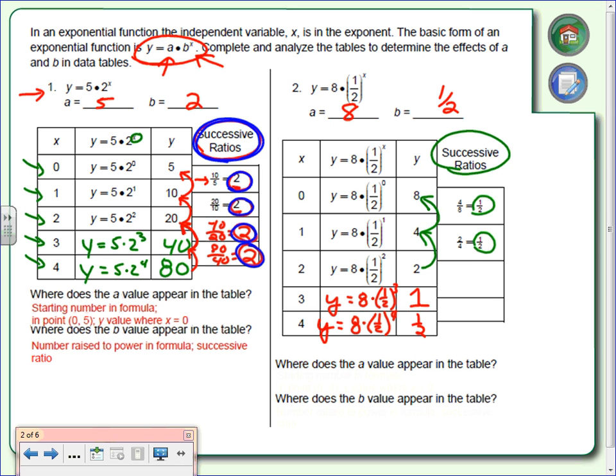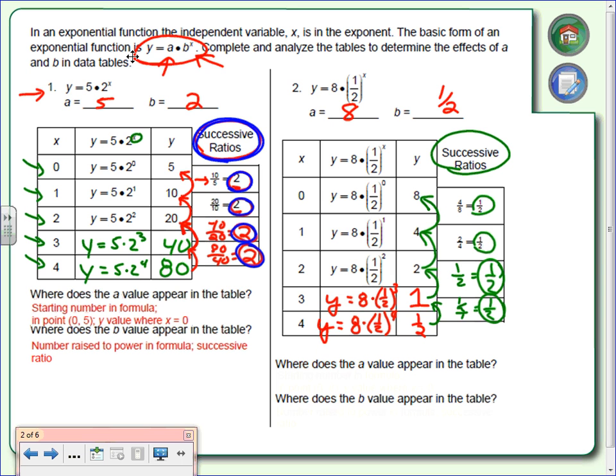What about this 1 divided by that 2? 1 divided by 2 is 0.5, which is the same thing as 1/2. What about this one? 1/2 divided by 1 is just 1/2. Anything divided by 1 is itself, right? So notice here our successive ratio is always the same number, which in this case is 1/2.